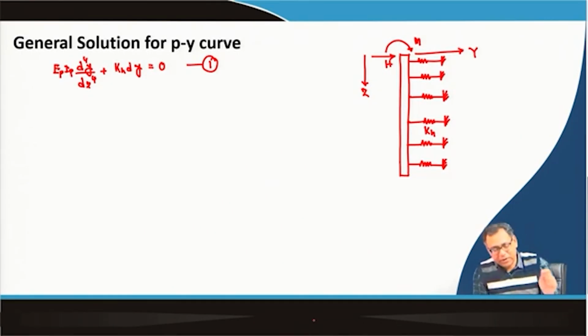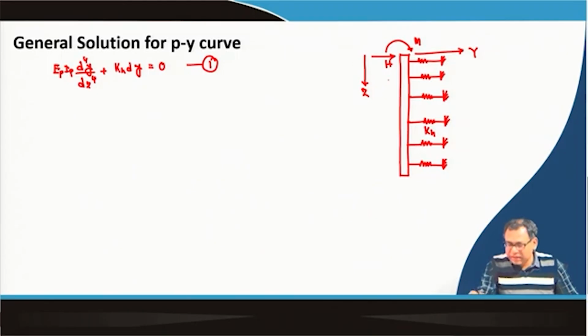In the shallow foundation case we used k into b, where b is the width of the foundation and k is the subgrade modulus, but here we are using kh into d. D is the diameter of the pile, or if it is a square pile it will be the width of the pile.